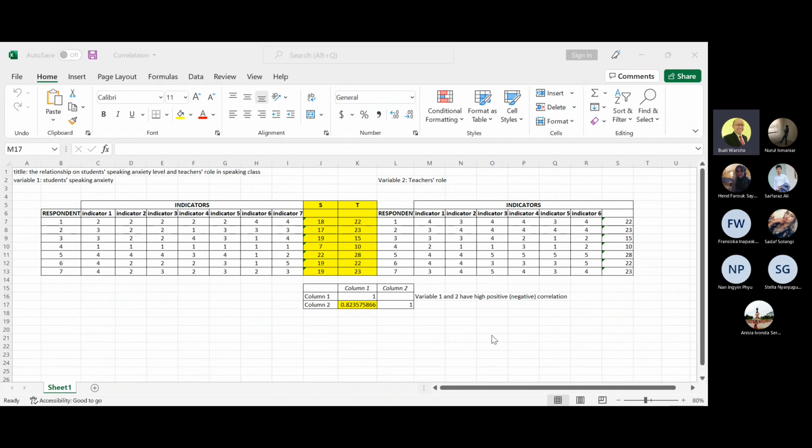So you have to define the real indicators, number one until number seven for variable one, and number one until number six for variable two, as we discussed about two weeks ago, and then the result of your experiment with your friends as respondents.